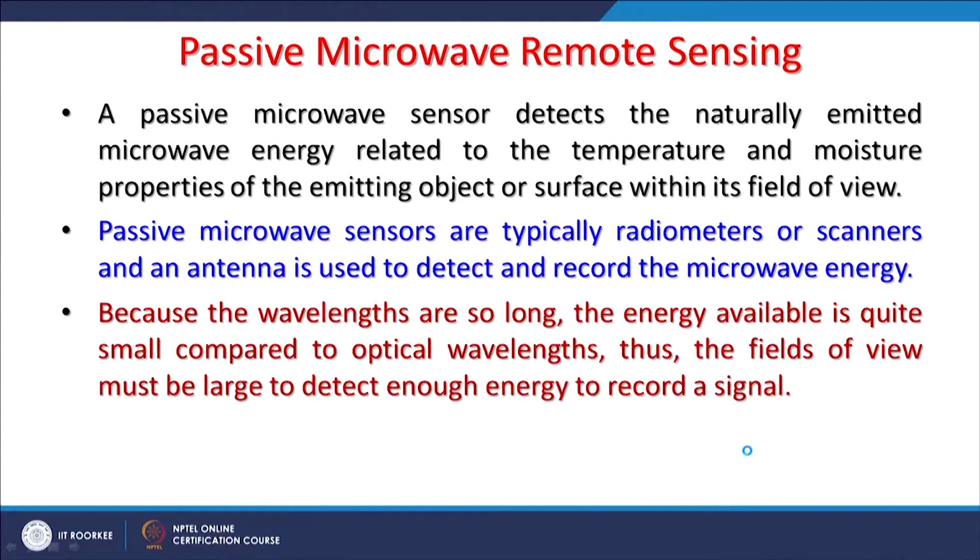Because wavelengths are long in the case of microwave, the energy available is quite small compared to optical wavelengths, and therefore the field of view must be large. The area of coverage per pixel has to be very large, that means coarser resolution, to detect energy to record as a signal.